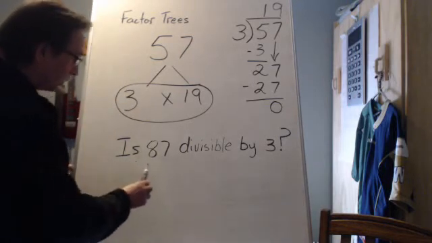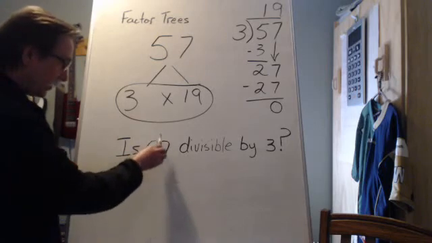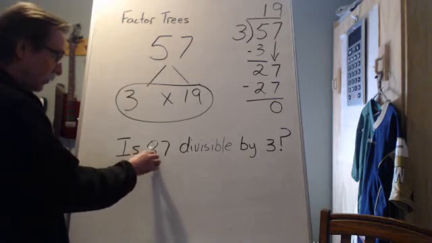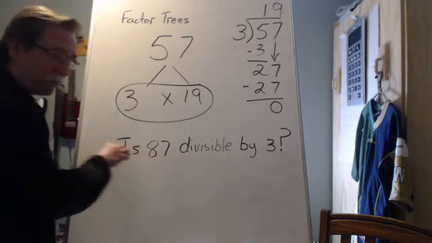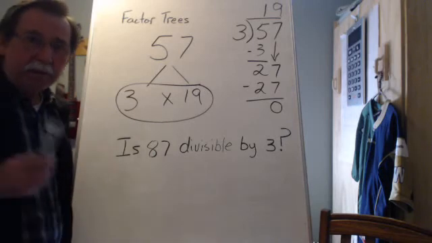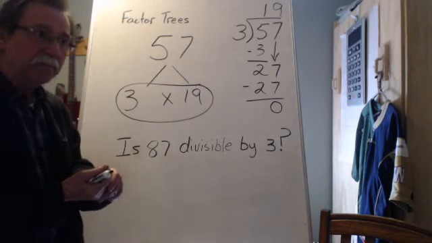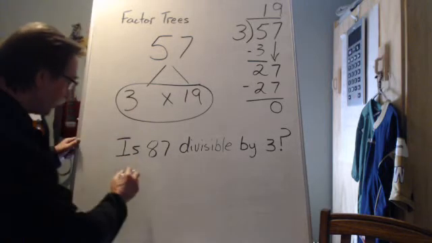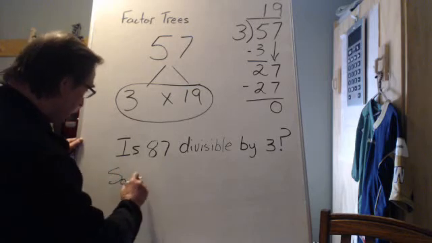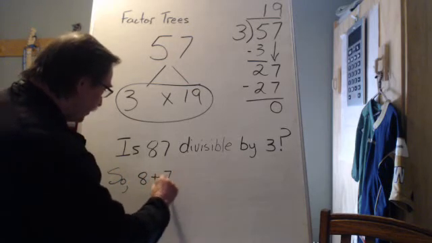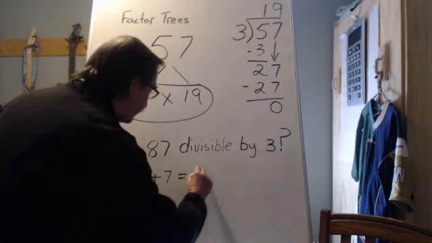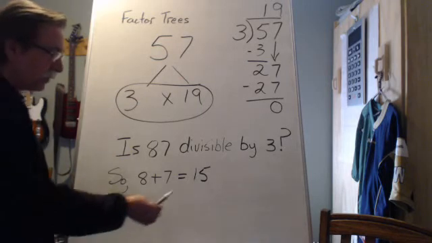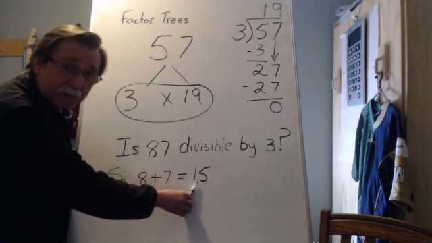And this is how the trick goes. You break the 87 down, or whatever number you're interested in. In this case, it's 87. You take the 2 digits, and then you add them up. And then you look at that answer and you say to yourself, is that answer divisible by 3? So watch. 8 plus 7 equals 15. The question now becomes, is 15 divisible by 3?